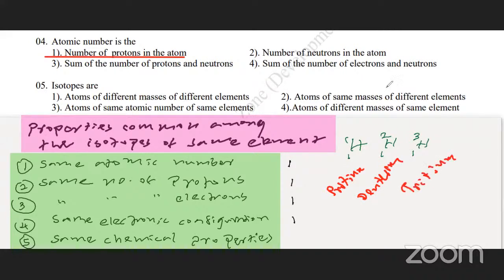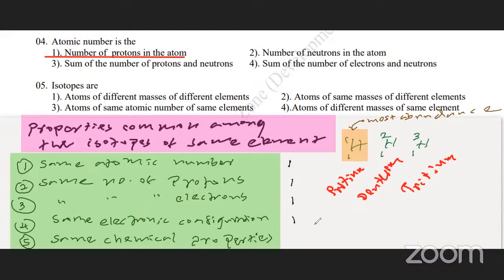The water that we drink is made of the most abundant isotope. H11 is the most abundant isotope of hydrogen. In nature it has the highest percentage, that is protium, H11.